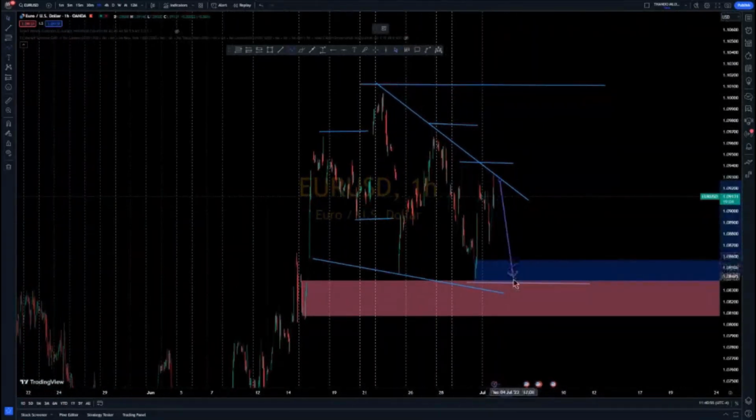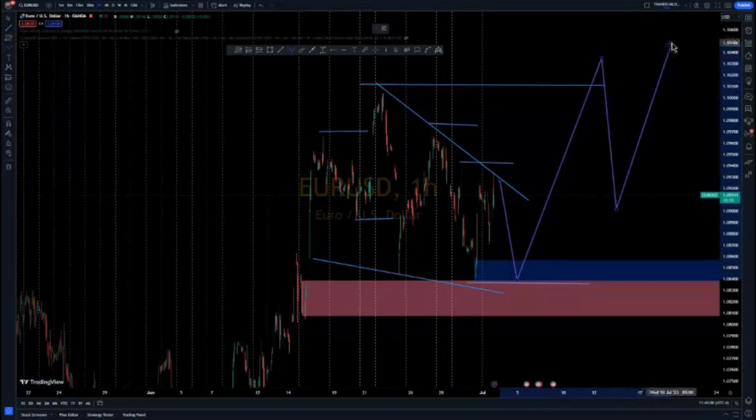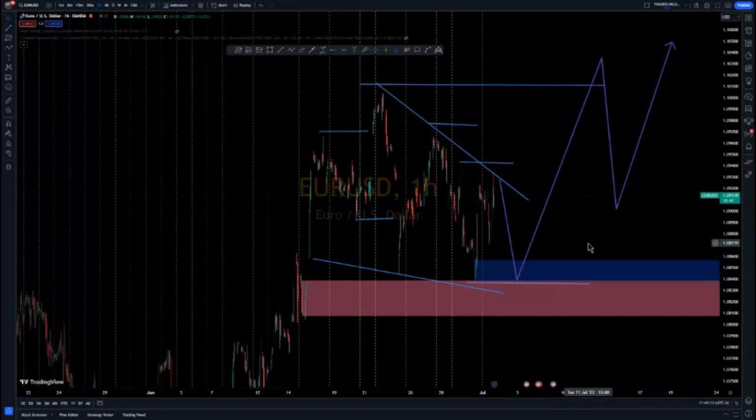Maybe that, then that, and that, then break out, retest, and all the way up. So we might be able to get the trade from this area, going all the way up. We'll see how it plays out and how we can make money from it. So that's what I think on Euro USD.